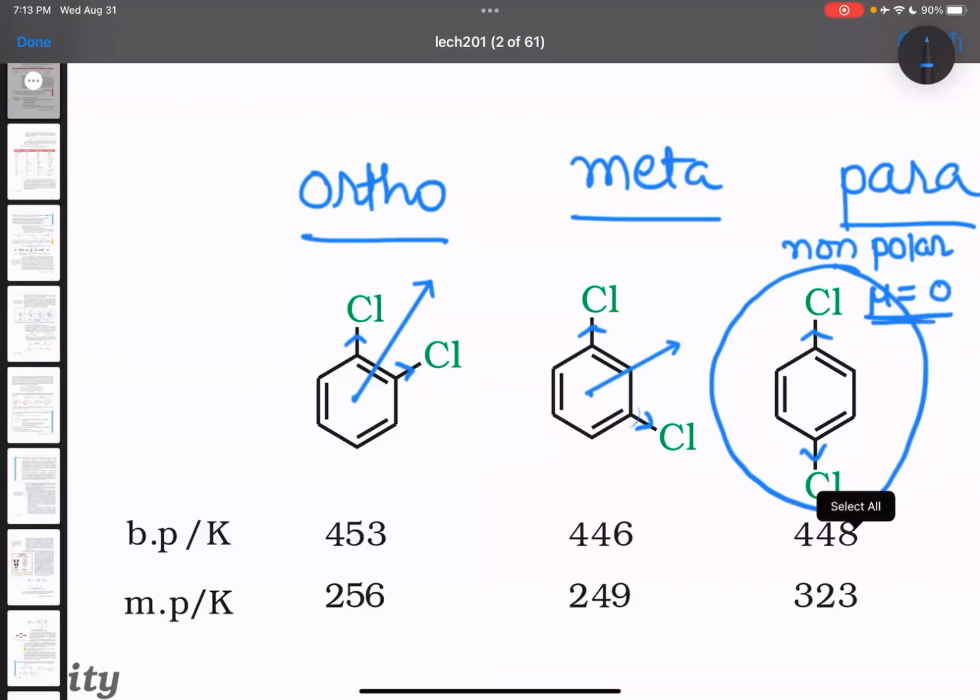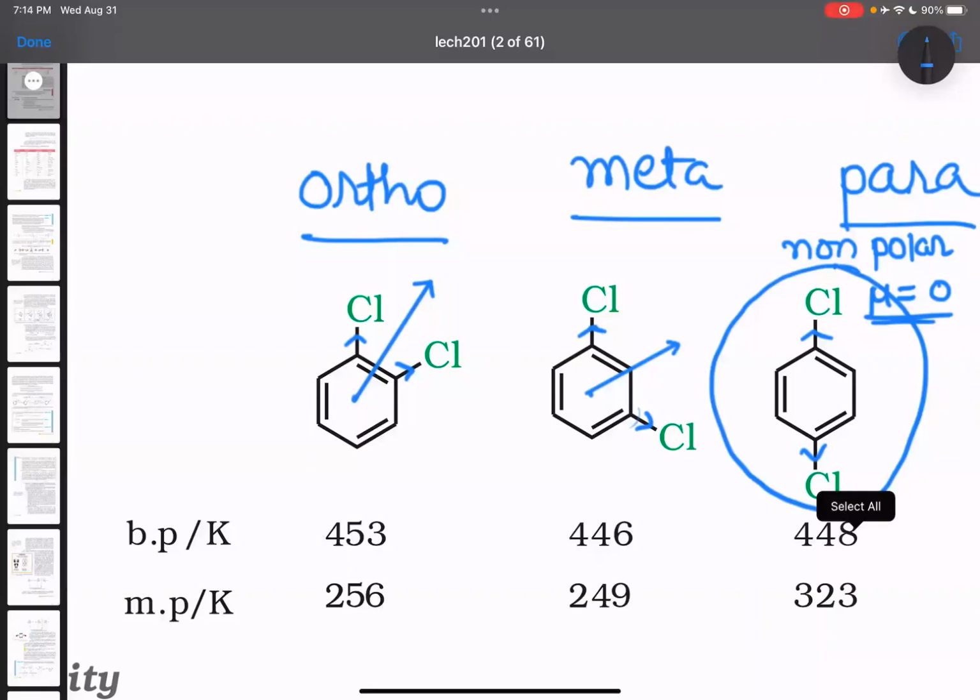Someone may ask you, this is having two polar bonds, C-Cl bonds, but in spite of two polar bonds, how come this molecule can become overall non-polar? Tell me. Because the angle between them is greater.